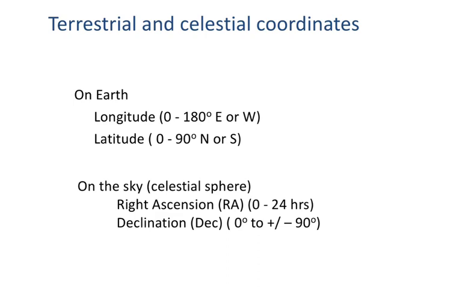And then on the sky, declination is the same as latitude. Again, the celestial horizon would end up being our 0 degrees, and you could go up and down. And then we have the right ascension. This is not measured in degrees, although 1 hour is about 15 degrees.